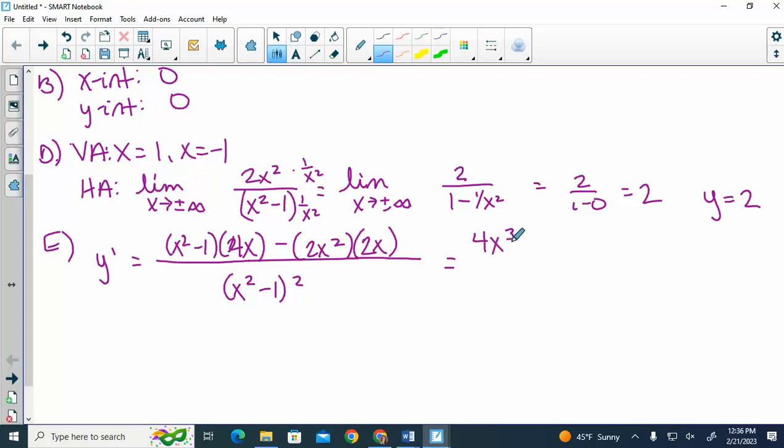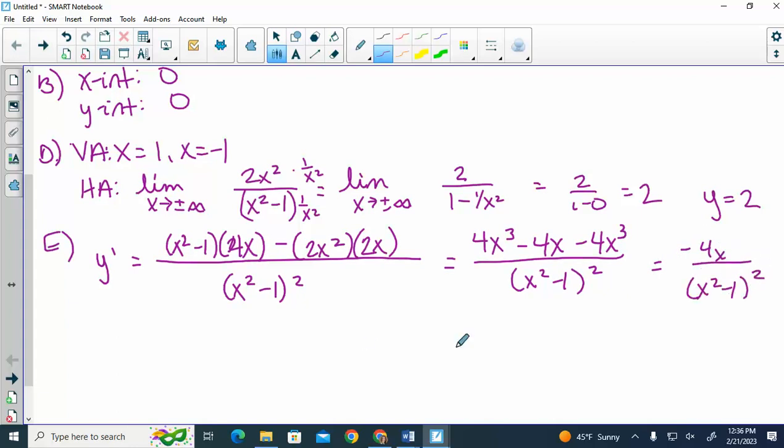So we get 4x cubed minus 4x minus 4x cubed. So negative 4x over x squared minus 1 squared.